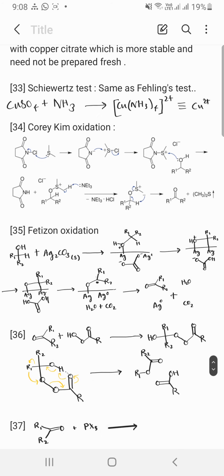Corey oxidation. That's complicated. Okay, fine.